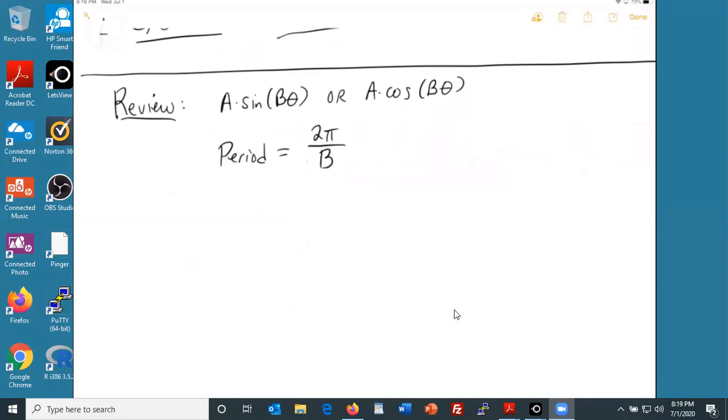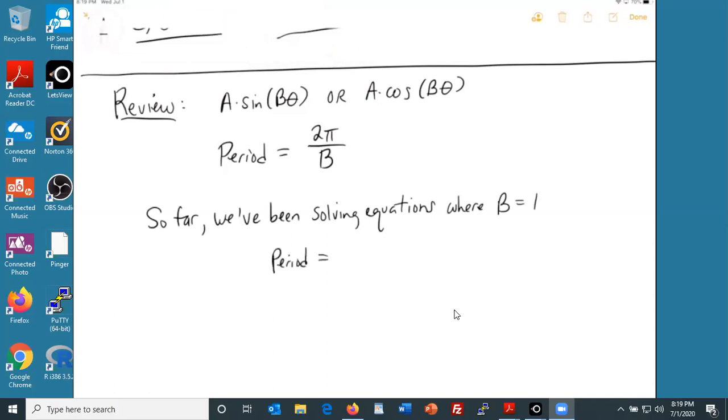That's going to be important for the last part of the lecture here with solving trig equations, because so far we've been solving equations where b is 1, which means period doesn't change, because 2 pi over 1 would be 2 pi.